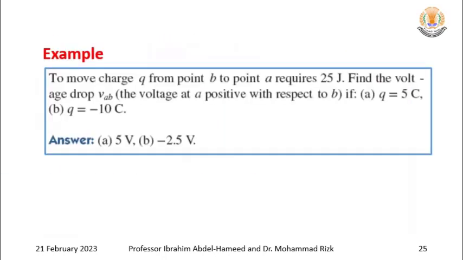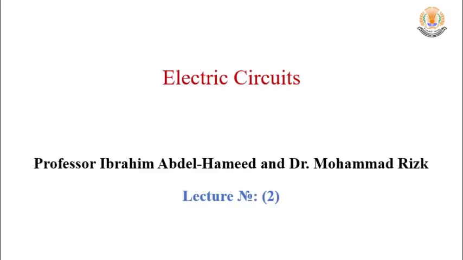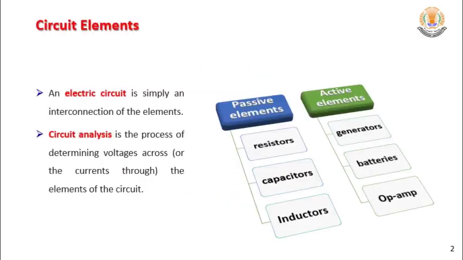And we see examples in circuit elements. We need to define circuit elements, then electric circuit, circuit analysis. At least you understand the title of your course. Circuit elements can be passive elements or active elements.